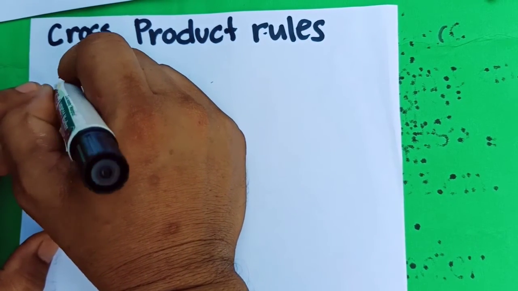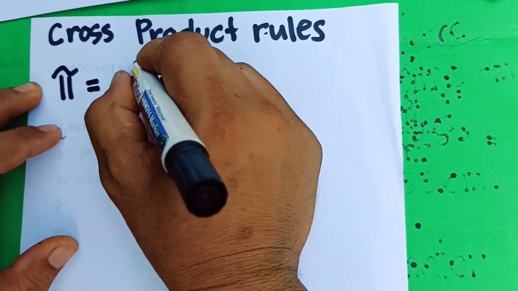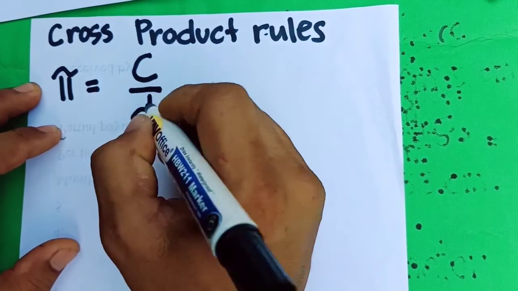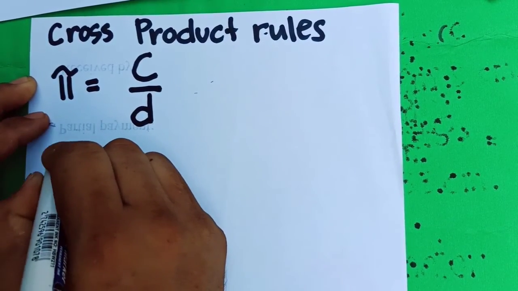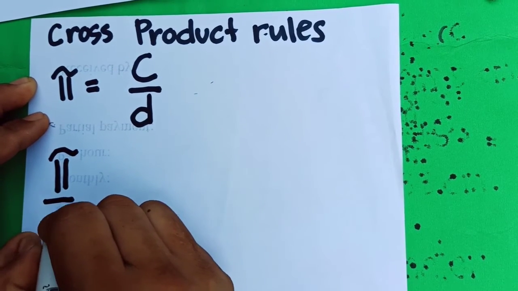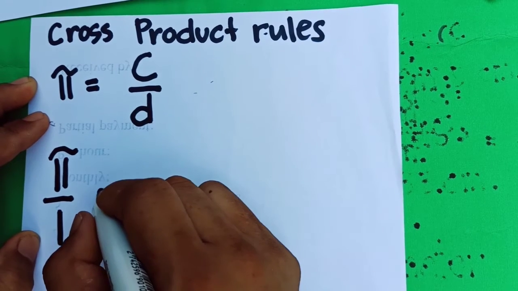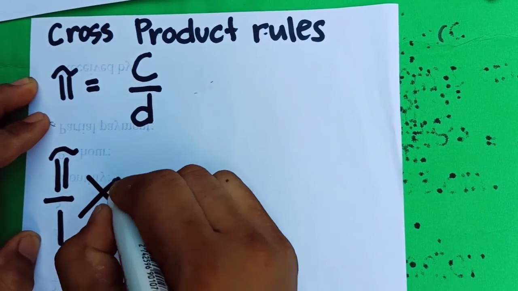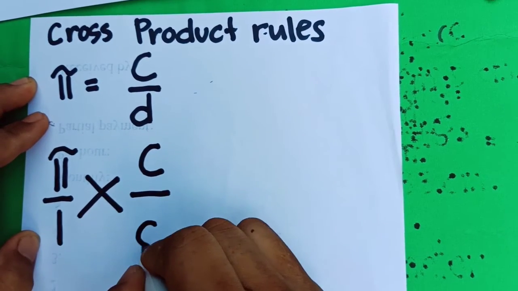So pi equals the circumference over the diameter. Since pi is a whole number, it is pi over 1. We cross multiply it by the circumference over the diameter.